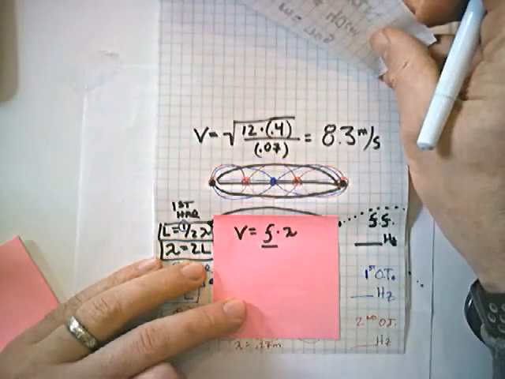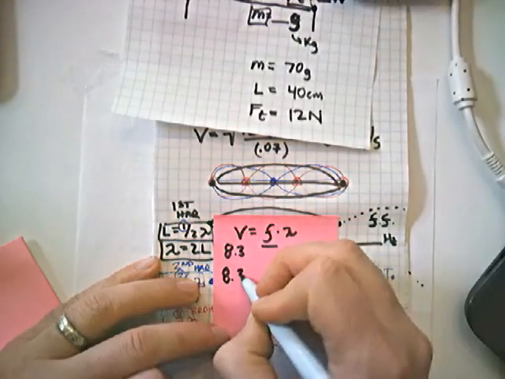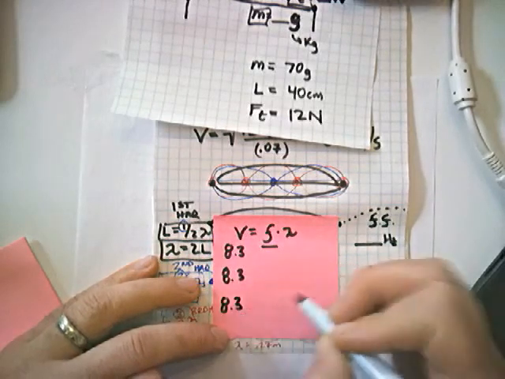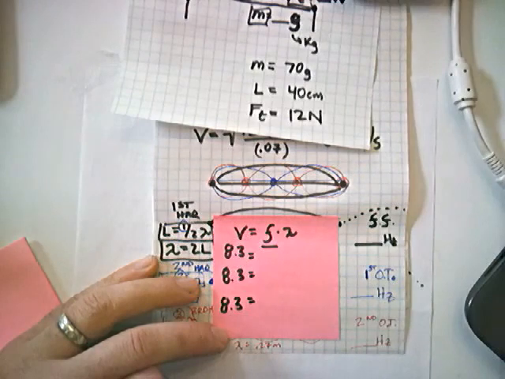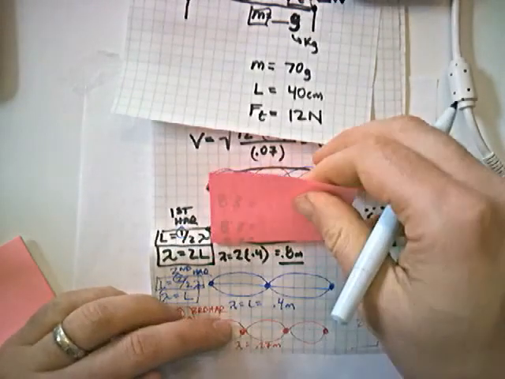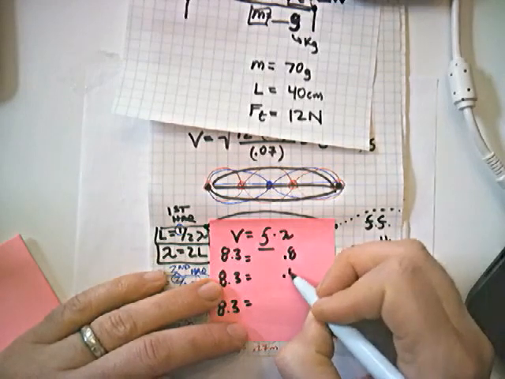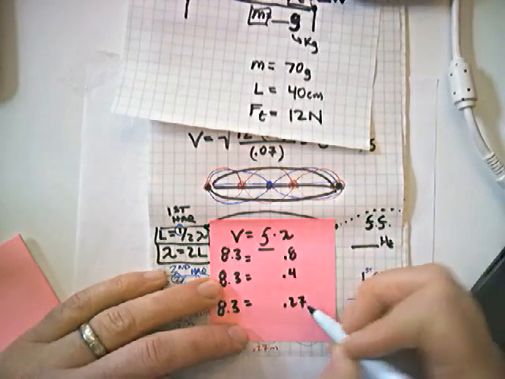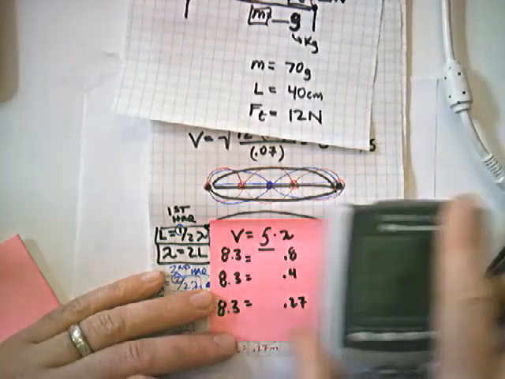So remember, our velocity was 8.3. It's not going to change for this string at this tension with this mass. And we'll put in our wavelengths. We said the wavelengths were 0.8, 0.4, and 0.27. And we're going to just solve for each of these frequencies.